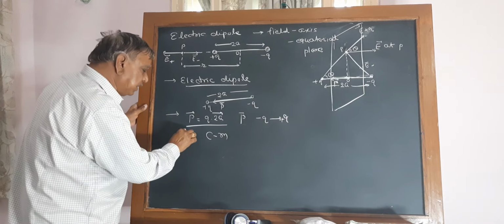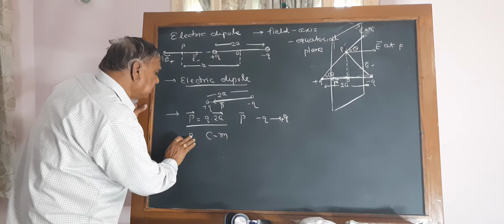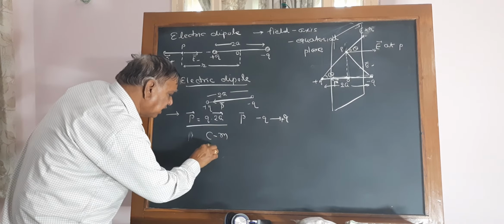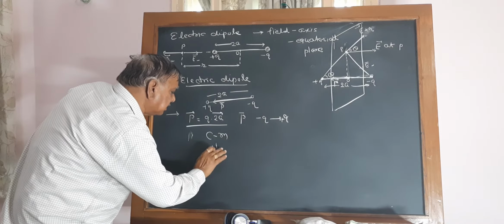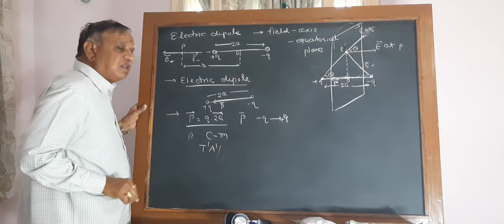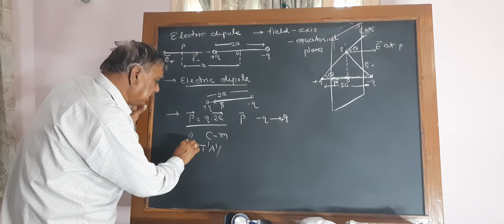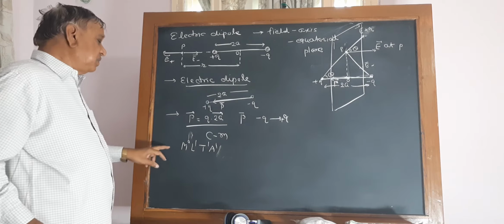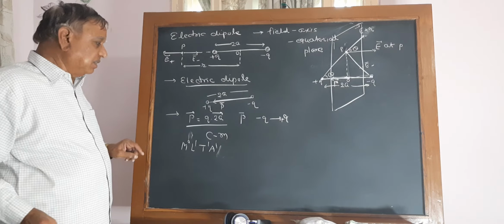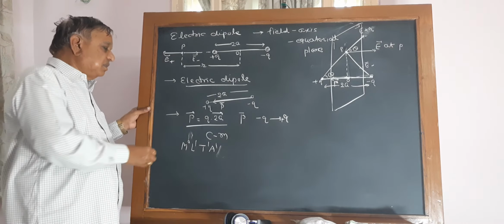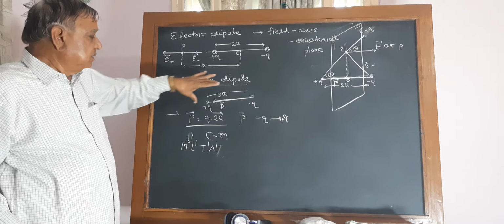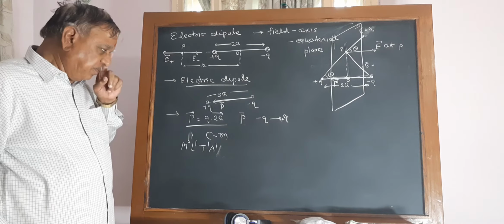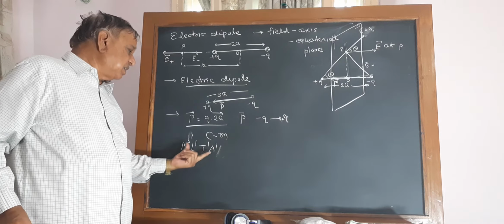The dimension of P: coulomb means A1 T1 and length means L1, so we can write M0 L1 T1 A1. Now P is a vector quantity directed from minus q to plus q, unit coulomb meter.